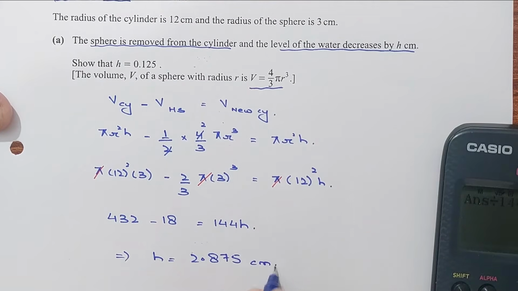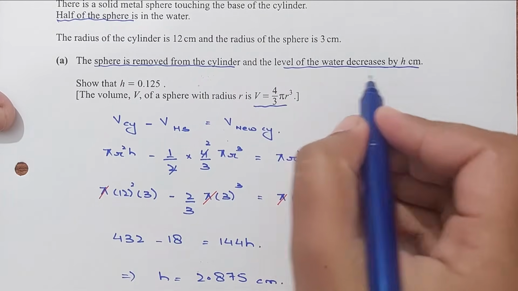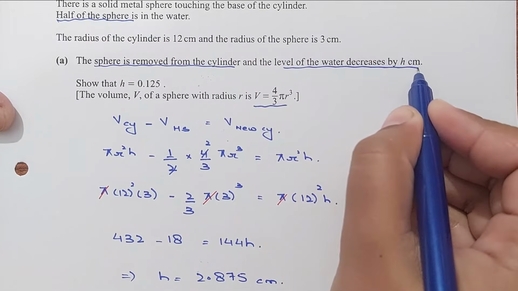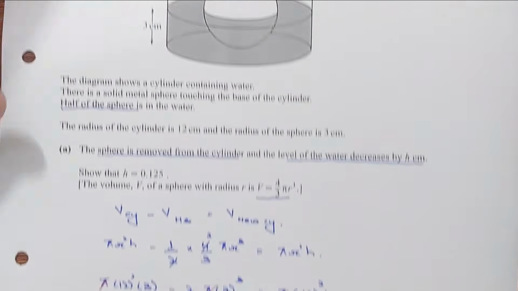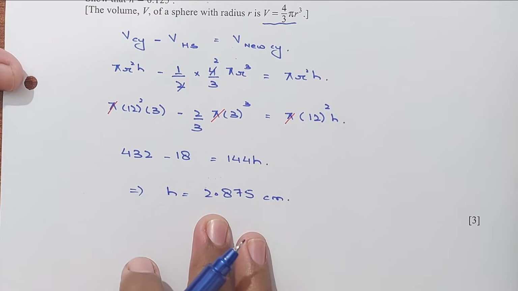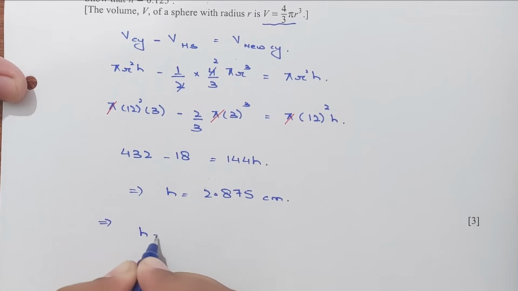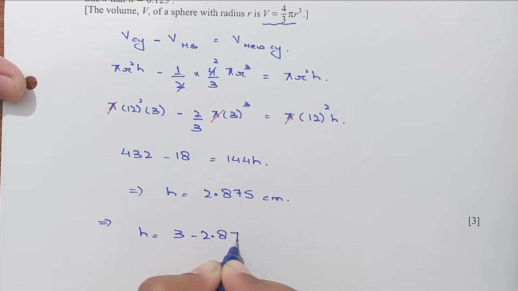centimeters, right? Okay, and we have been given the information that the level of water is decreased by h centimeters, right? Before, the level of water is 3, and after the level is 2.875. So it means the h value is the difference of 3 and 2.875.